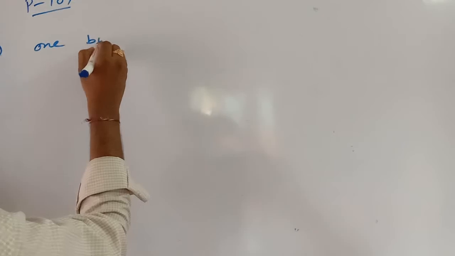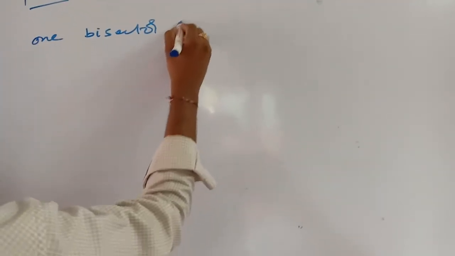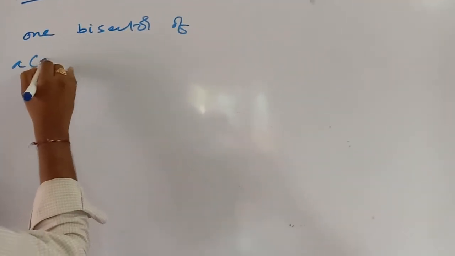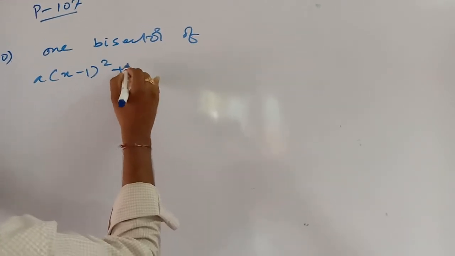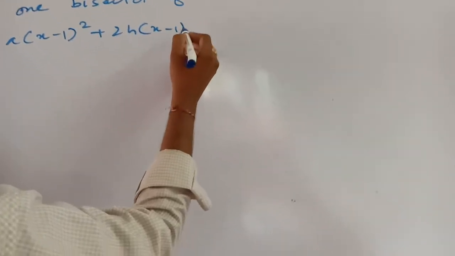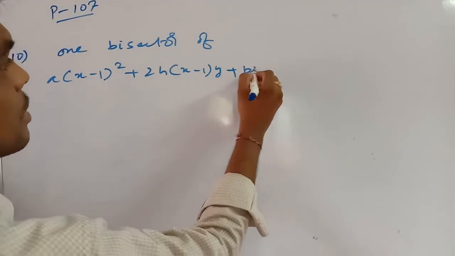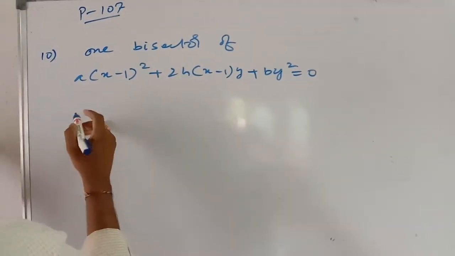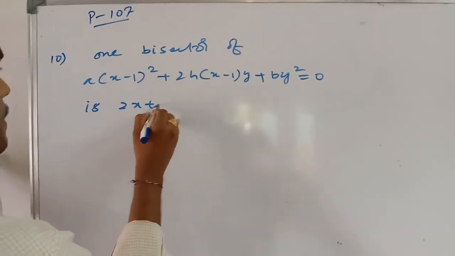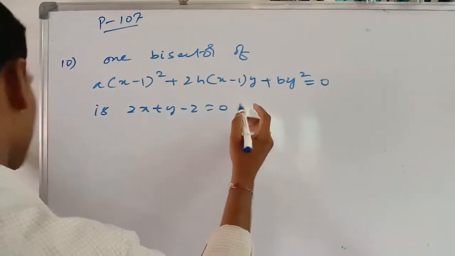One bisector of a(x minus 1) whole square plus 2h(x minus 1)y plus b y square equal to 0 is 2x plus y minus 2 equal to 0.